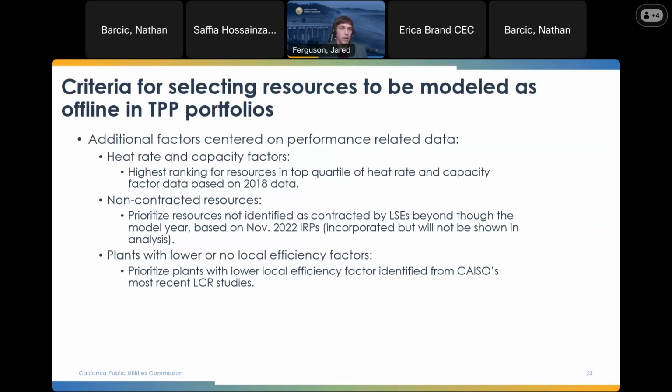We are incorporating this, but when we do release data, this information will not be included in it. We are though factoring it in.